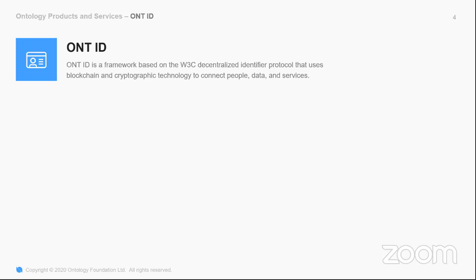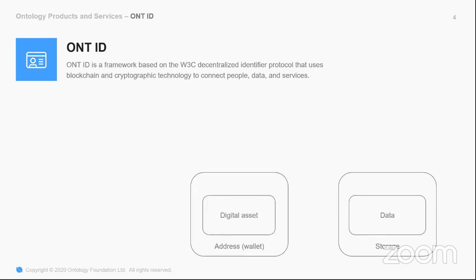What Ontology did is based on the DID protocols. We can say traditional IT systems are more about information. But when we are talking about information technology, all of it is just based on data. And because of the blockchain, as we know, it is about digital assets, and in the backend we call it an address.